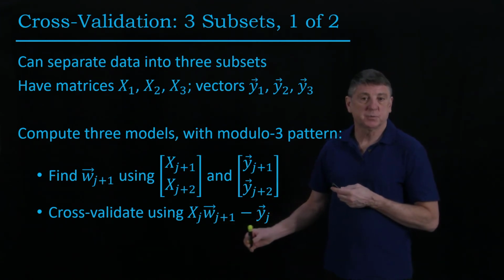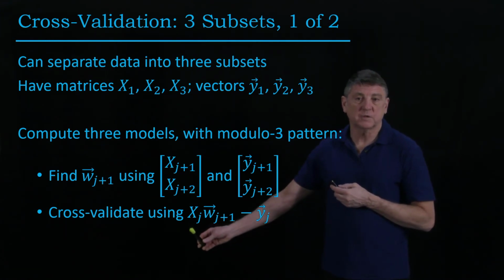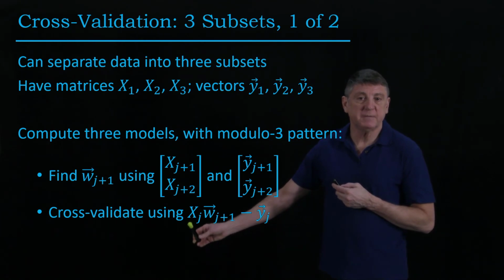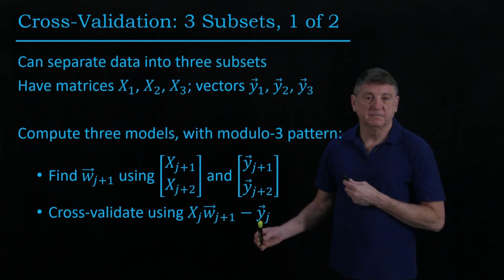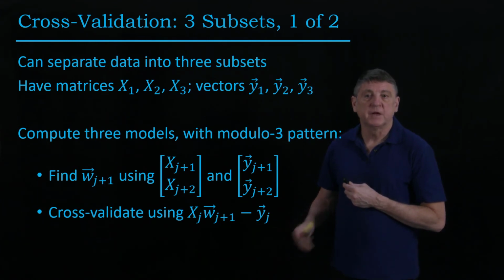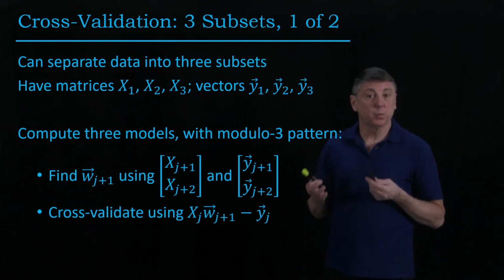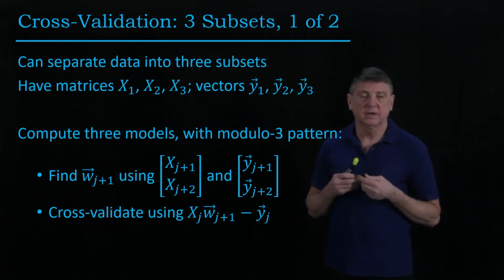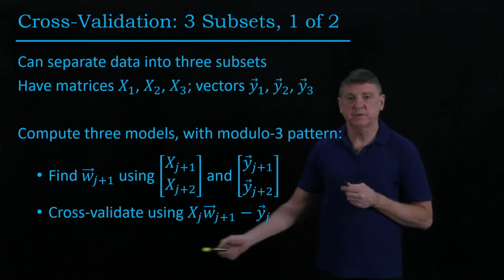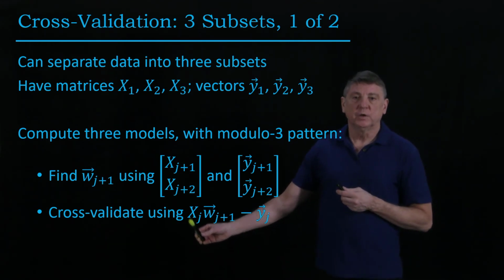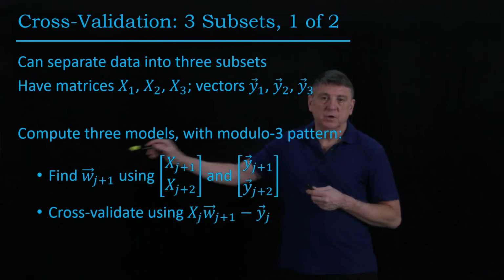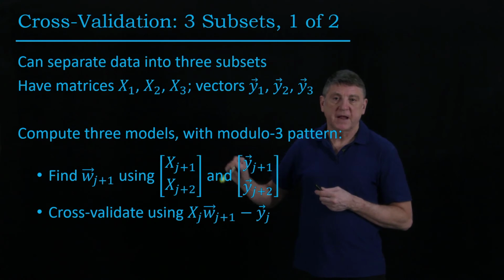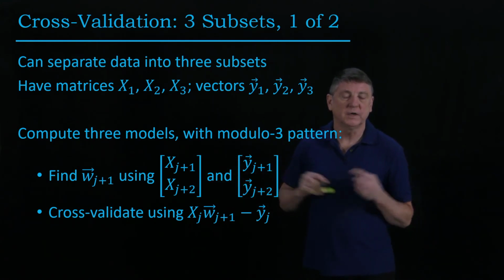So we'll cross-validate using the design matrix number j and the dependent vector number j. When we start with 1, which is where in MATLAB we always begin, what that means is we'll compute number 2 using 2 and 3, and then we'll cross-validate on 1.